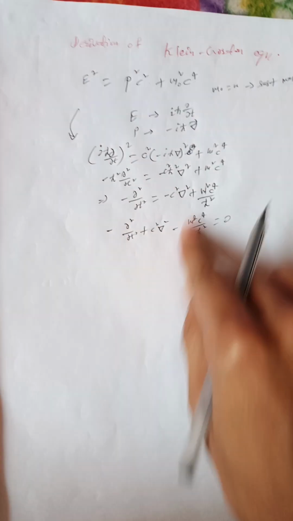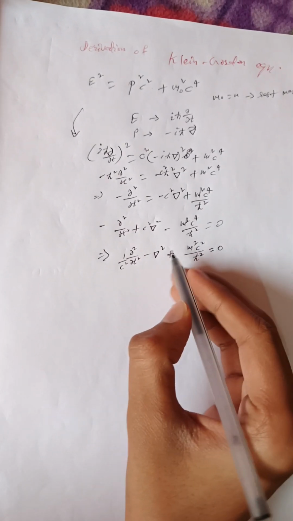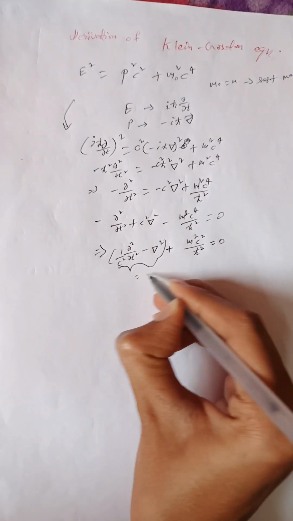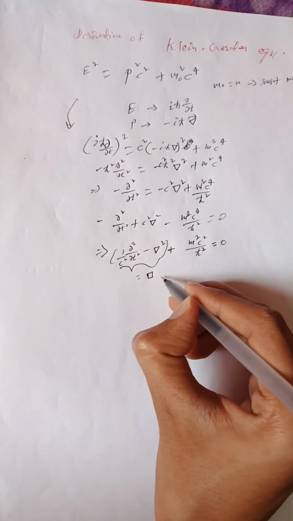So I will just write down the final simplified form. Look at here, this combination of operators is equal to this box operator, and this is called the D'Alembert operator.